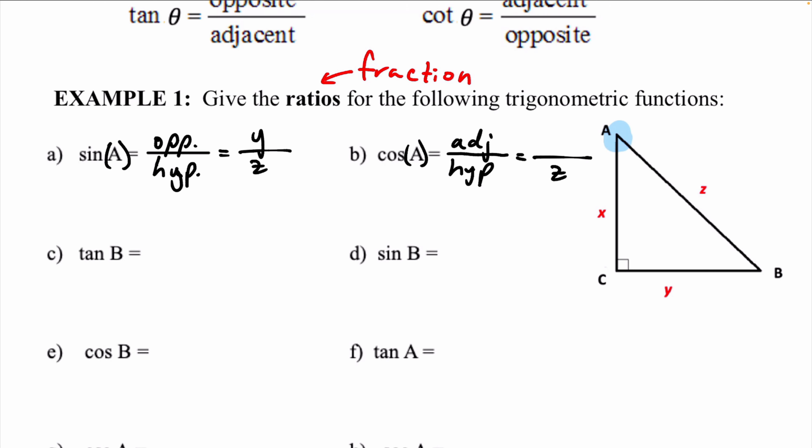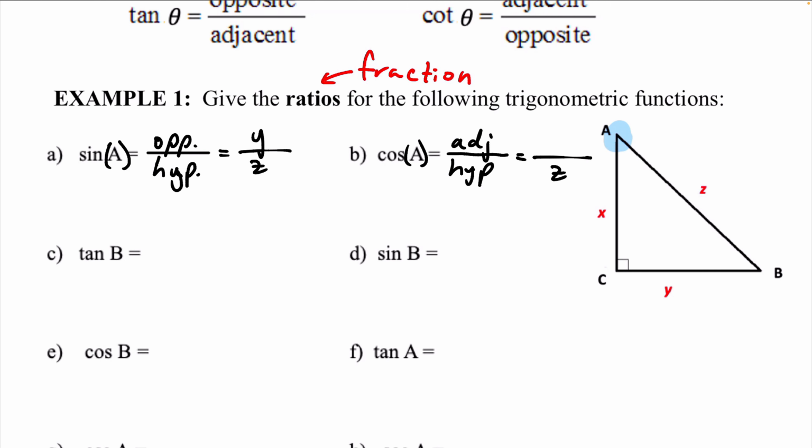Okay, so let's look at A. Which two sides share or touch A? X, Y, or Z? X touches A, right? Doesn't Z also touch A? Which one of them is going to be the adjacent though? X or Z?